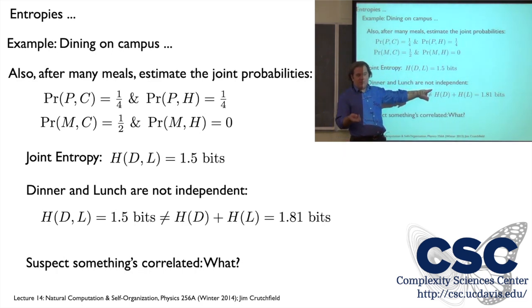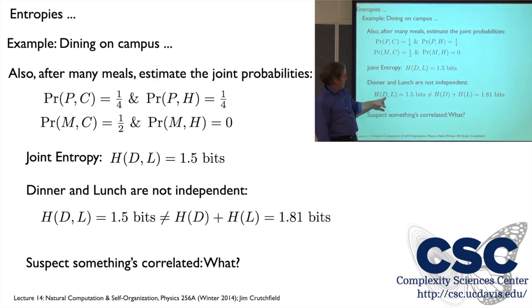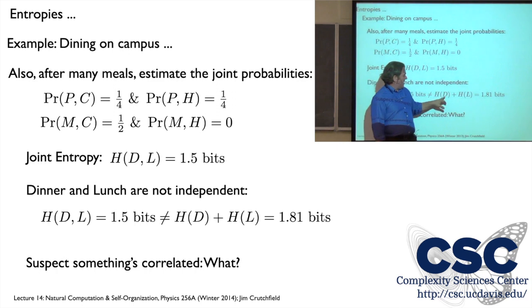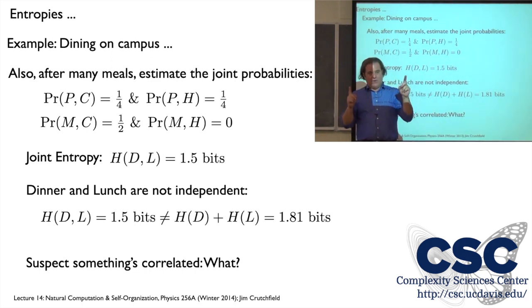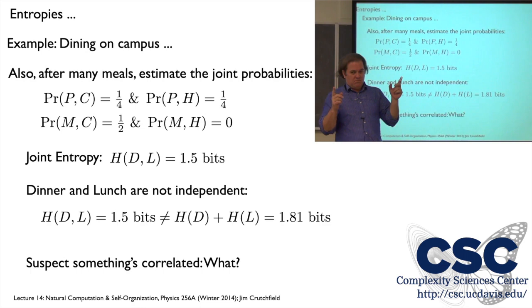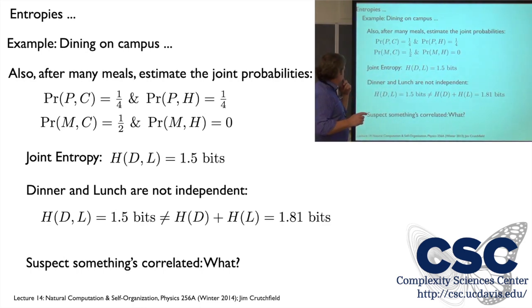We had this condition for independence, that the joint was the sum of the marginals. Well, we just calculated the joint. That's 1.5 bits. In the previous slides, we calculated 1 bit for dinner and 0.8 bits for lunch. That's 1.8 bits. Those numbers aren't the same. Therefore, lunch and dinner are correlated. Okay, that's useful. The question is what?